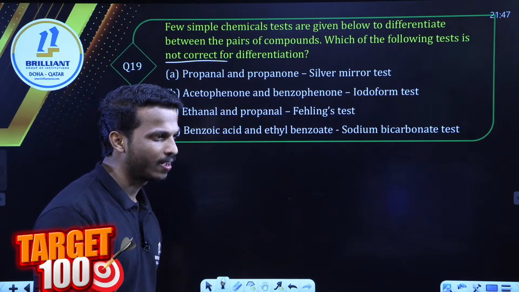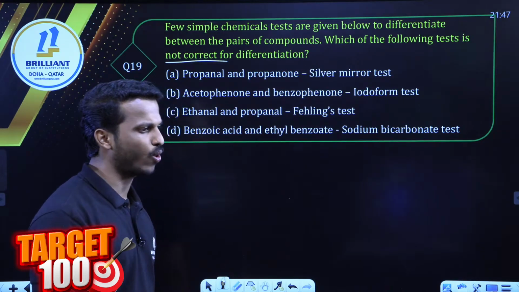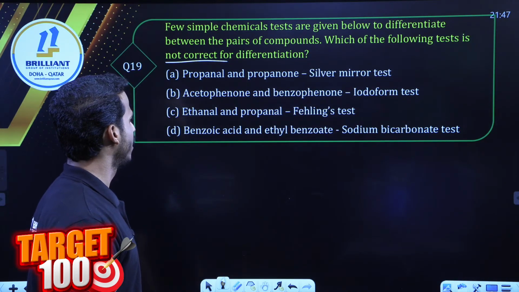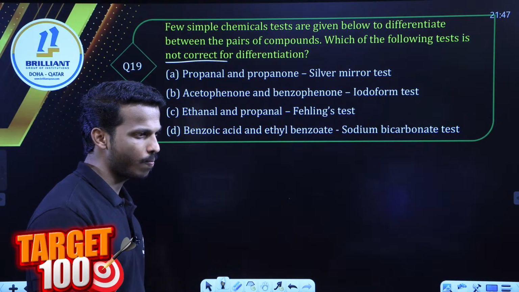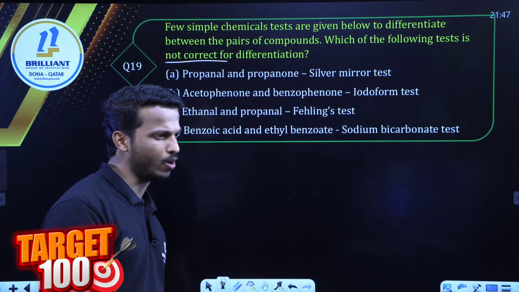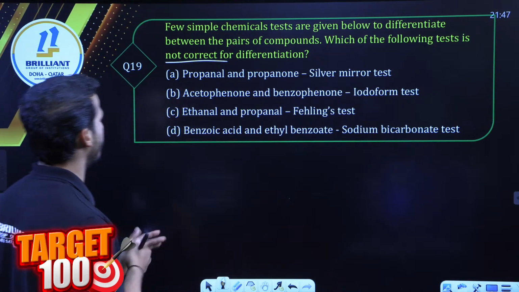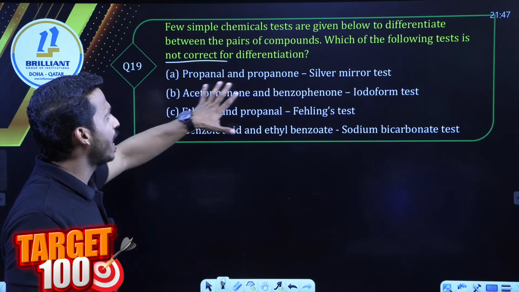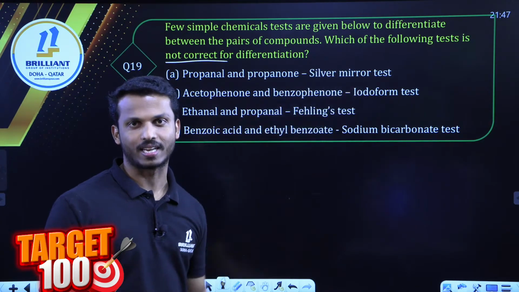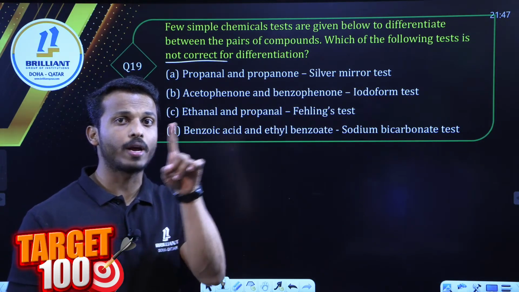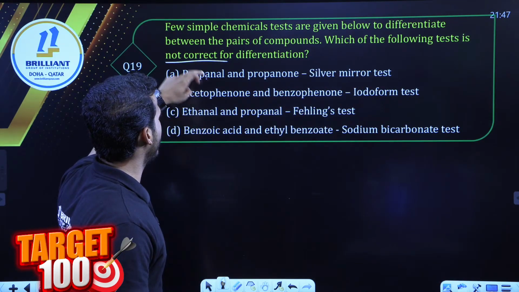In between, I think some wrong answers are there. Let me check. Option A, propanol and propanone. The silver mirror test is given only by an aldehyde, so it will distinguish them.